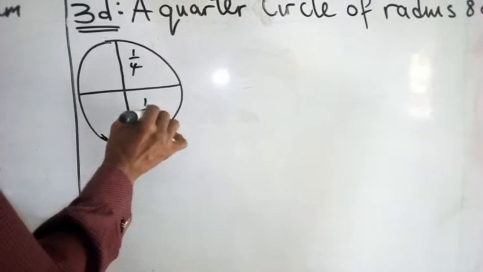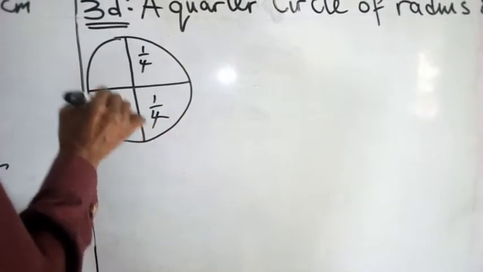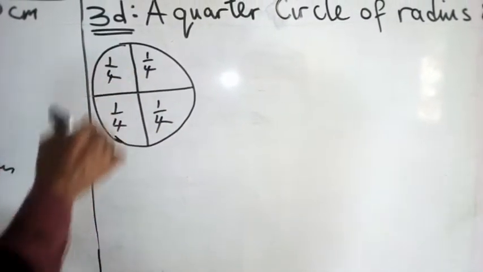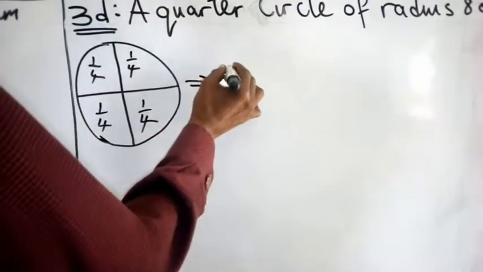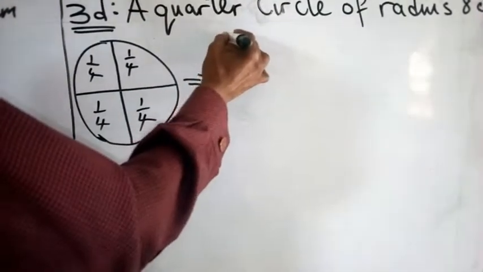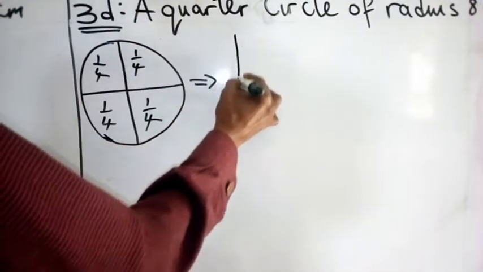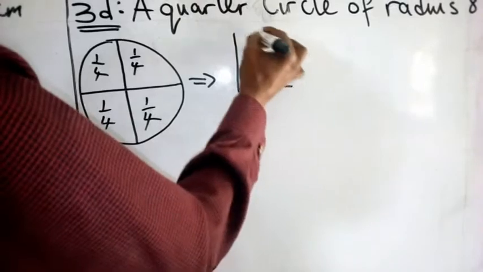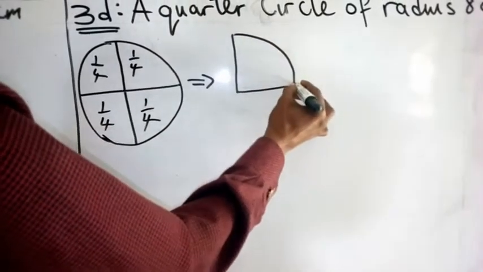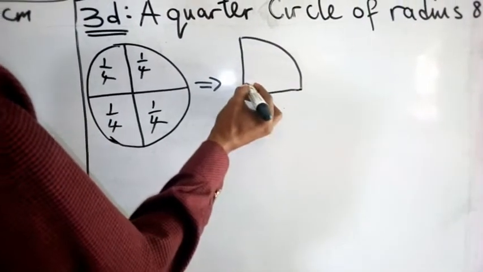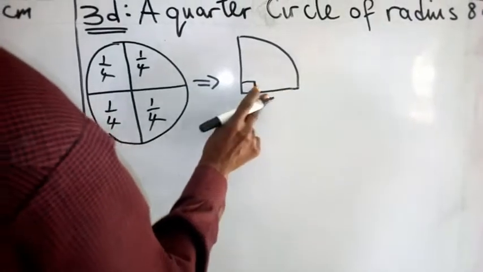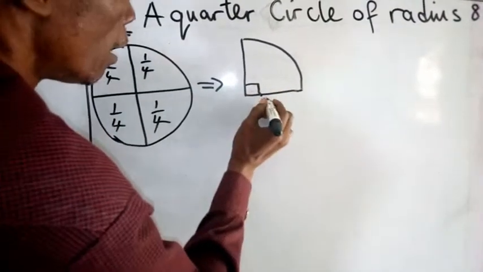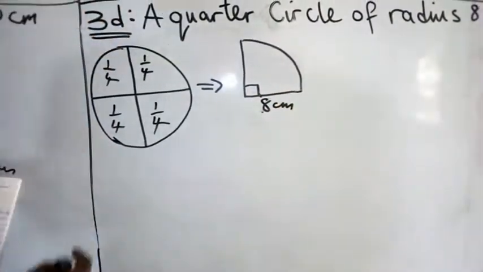This side is 1 over 4, that's a quarter. This one is 1 over 4, that's a quarter. I'm only doing this to remind you. So the circle is like this, and the radius of the circle here is given as 8 cm.